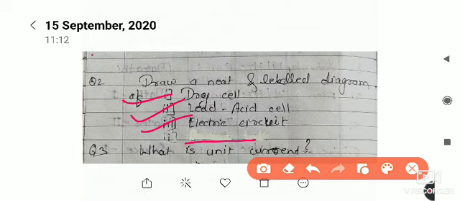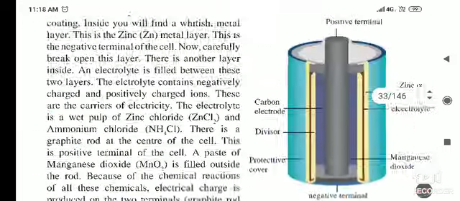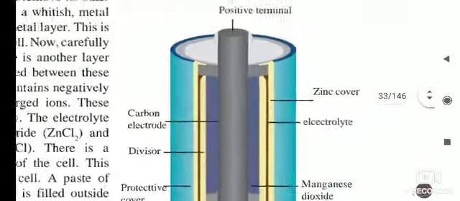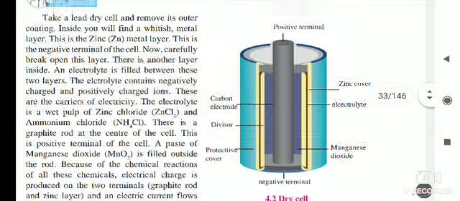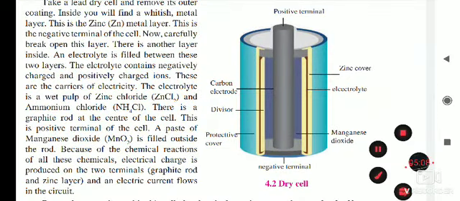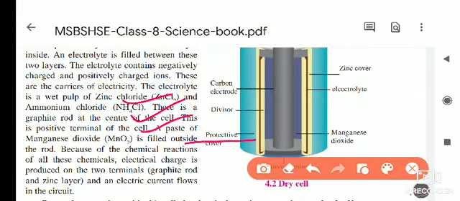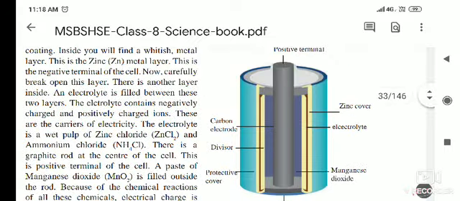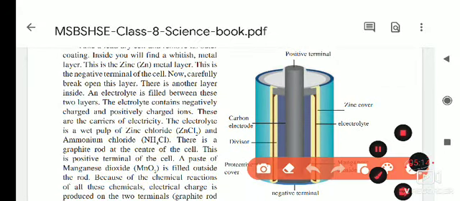Now we will see the figures of these cells one by one. First of all, the electric cell's diagram. This is the diagram of the cell. In this diagram, first draw the diagram neatly and properly, and the names are very important.